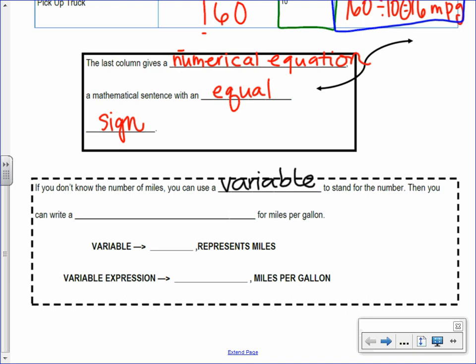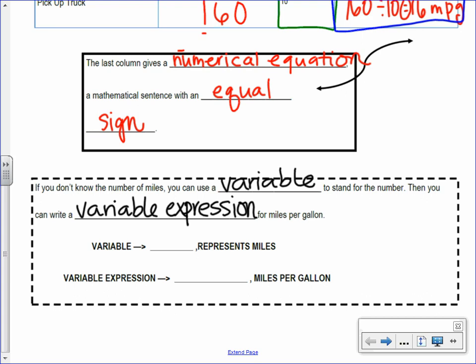Then you can write a variable expression. An expression does not involve an equal sign. Let's say we want to write a variable expression for miles per gallon. We all know they hold 10 gallons, but we don't know how many miles it can go. So if miles is what we don't know, we're going to use a variable.